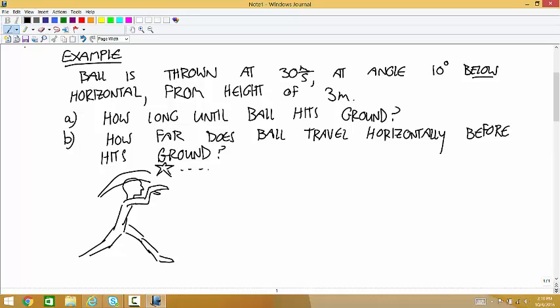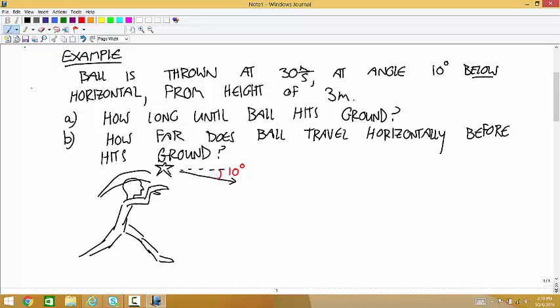He throws it like that, and that's a 10-degree angle. It was 10 degrees above the horizontal. I mean, below the horizontal, though, right? Right. So the dotted line is horizontal, and the vector is below.